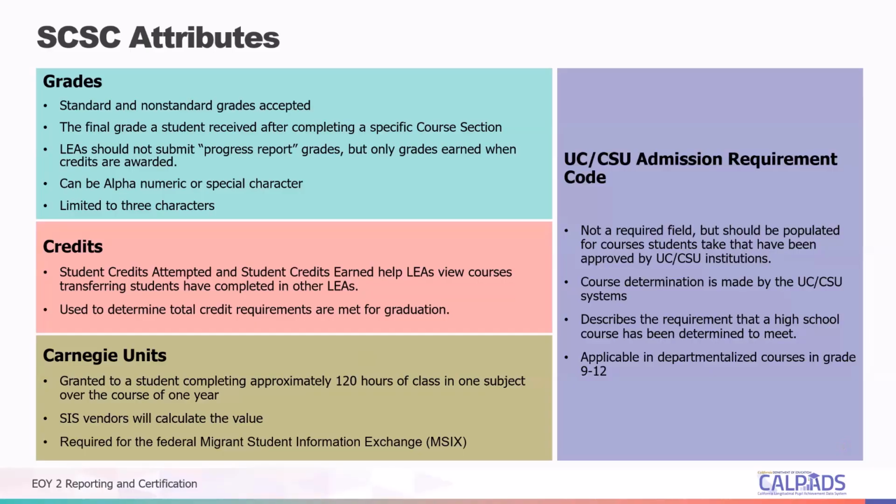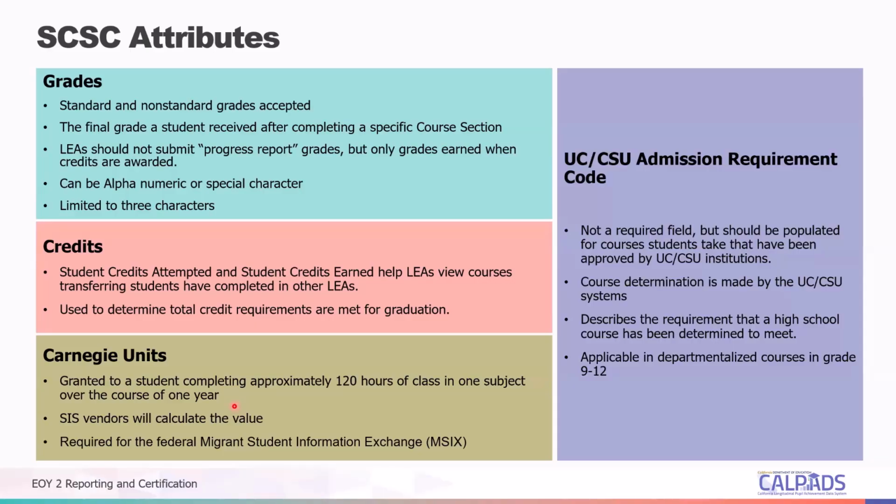Next is the Carnegie units. In addition to credits earned, students' progress and achievement will be derived from the SCSE record via the Carnegie unit. Again, the Carnegie unit is granted to a student completing approximately 120 hours of class in one subject over the course of 1 year. A total of 120 hours in one subject, meeting 4 or 5 times a week for 40 to 60 minutes for 36 to 40 weeks each year, earns the student 1 Carnegie unit of high school credit.